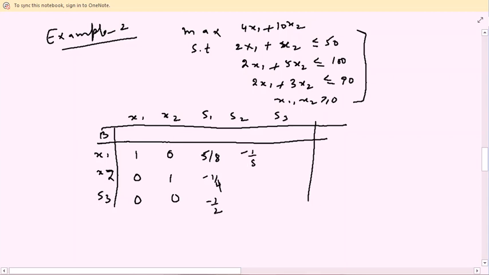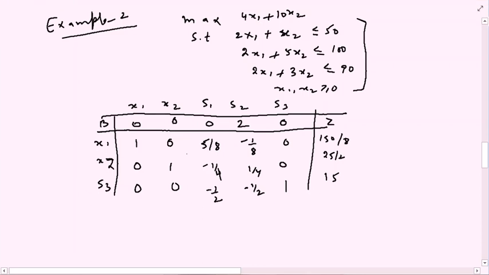S2 is minus 1 by 8, 1 by 4, minus 1 by 2, 0, 0, 1, and the 150 by 8, 25 by 2, 15, and my zj minus cj row gives the values 0, 0, 0, 2, 0 with the z value as 200.